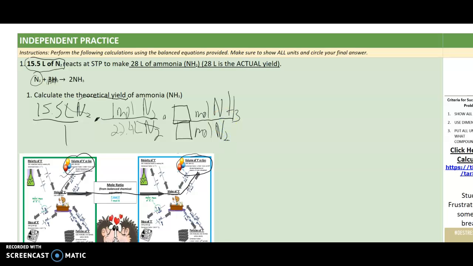Okay, so now I have to go, where am I going to find these numbers? From my balanced equation. Where's my balanced equation? It'll look like this. So there's no number in front of the N2, I'm going to put 1. There's a 2 in front of the NH3, so I'm going to put a 2.